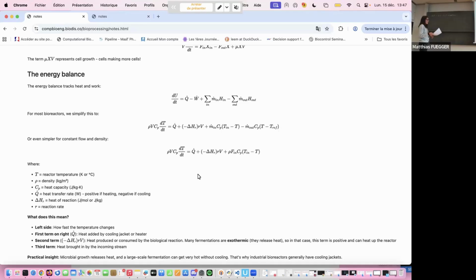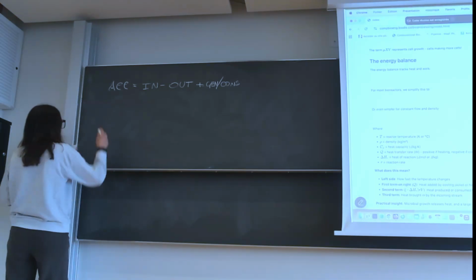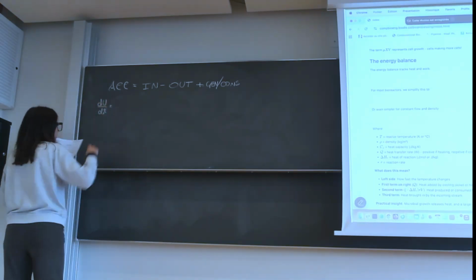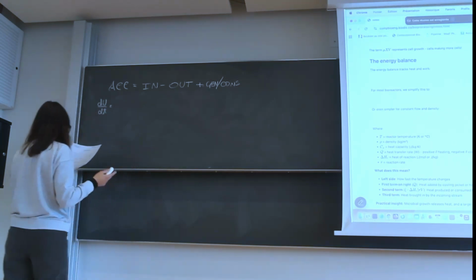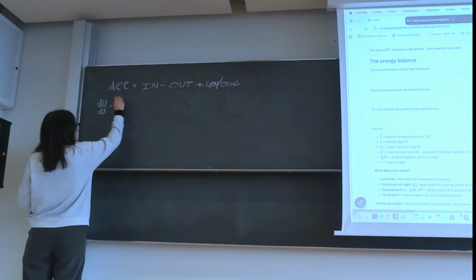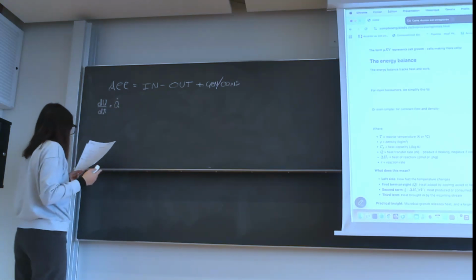And to describe this, we have to write this kind of balance. So what we have is that the variation of the internal energy of the system per unit of time is equal to Q dot.